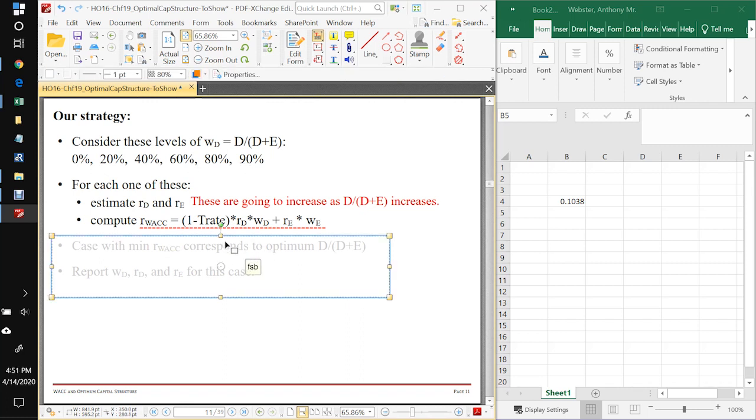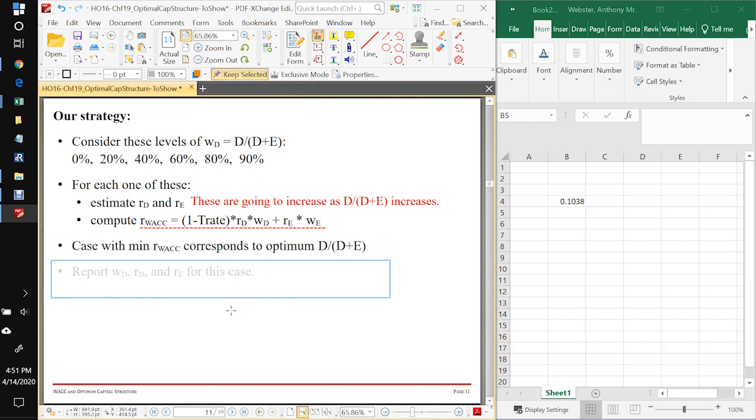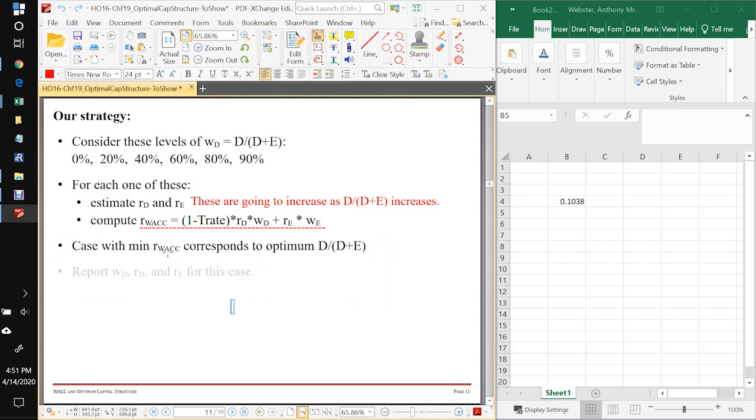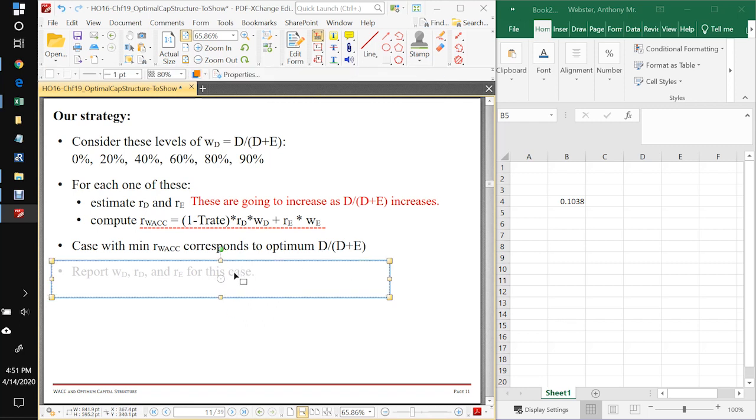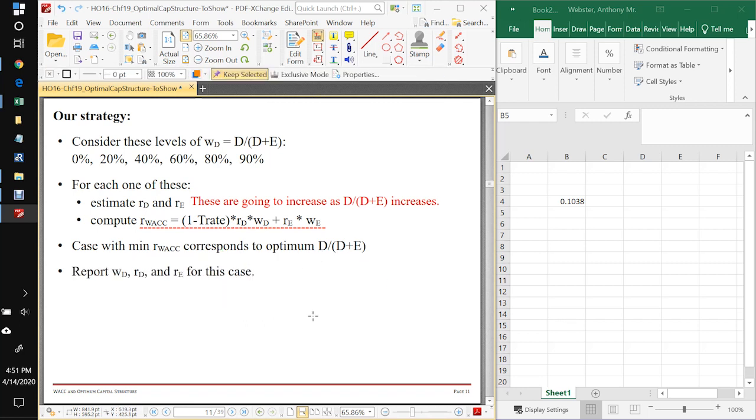And now it's pretty simple. Once we've got all of those, the case with the minimum weighted average cost of capital is going to be the optimum leverage for this firm. And with that in our pocket, we will report that, as well as the optimum weight of debt, the cost of debt capital, and the cost of equity capital, back to the CFO.